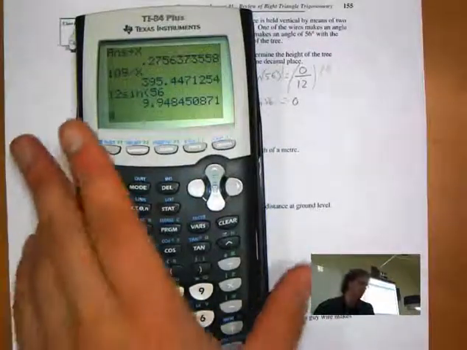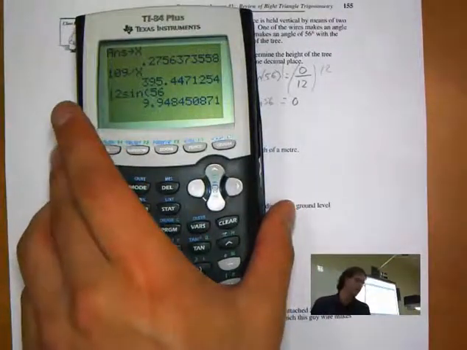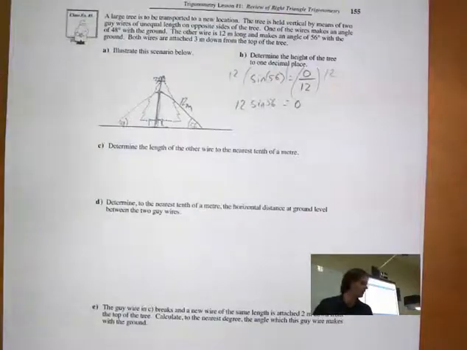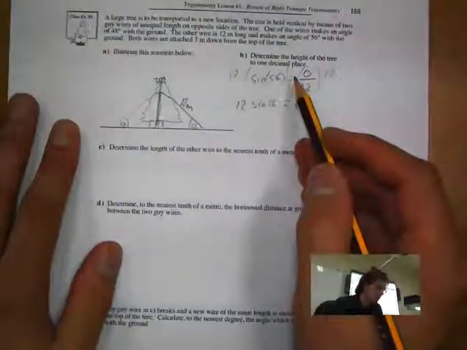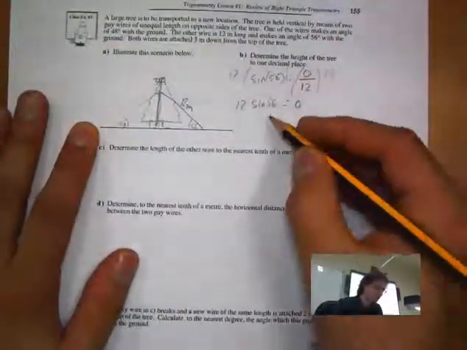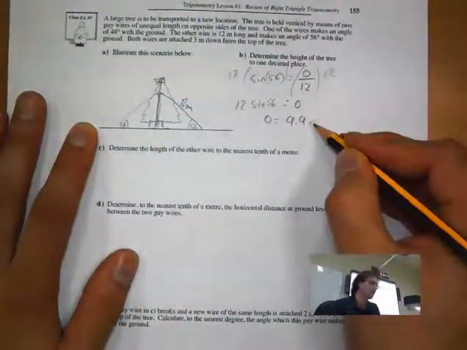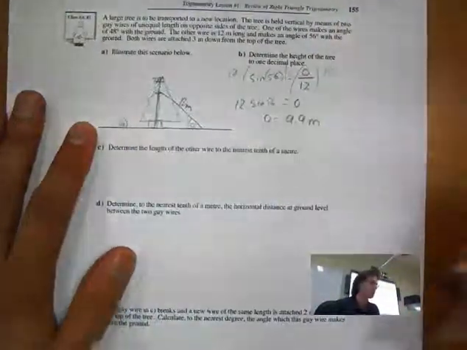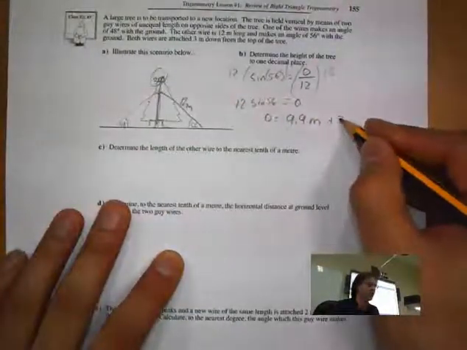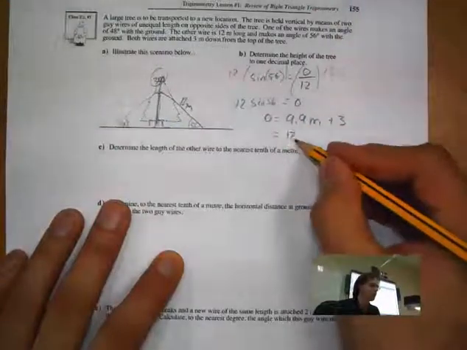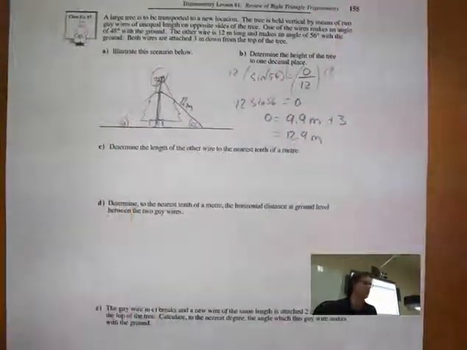Enter. That gives me 9.94. To the nearest 1 decimal, that's 9.9. So my opposite is equal to 9.9 meters. But we know it's 3 meters taller, so I have to add 3, which gives me 12.9 meters tall.